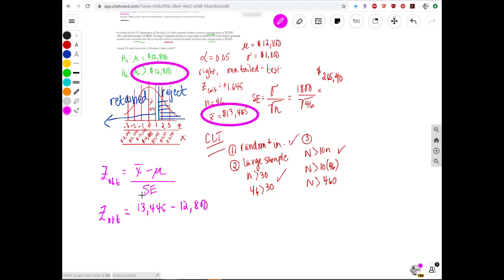I'm going to leave the dollar signs off because there's a lot to write. And this is going to be divided by $265.40.